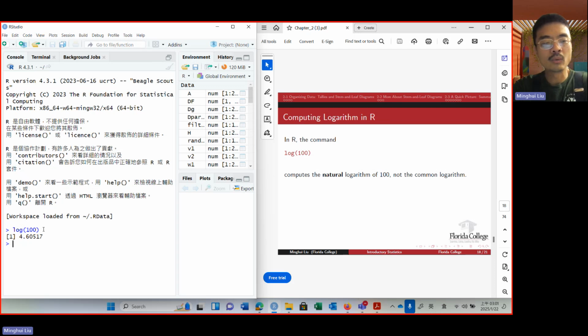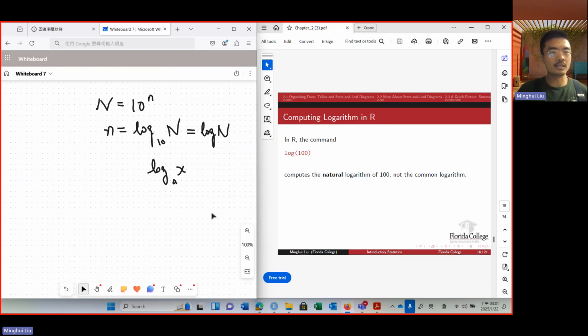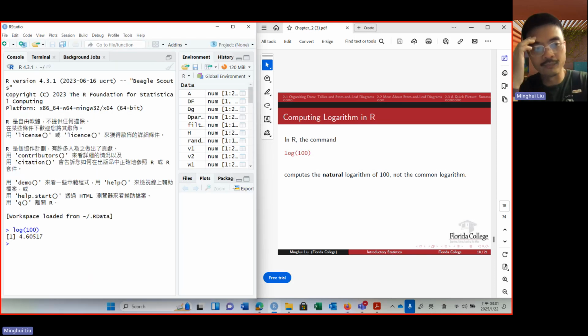So when we do the log of 100 command, we're calculating the base e logarithm, or in other words, log base e of 100. Sometimes we write this as ln of 100, an alternative notation for the base e logarithm. So keep in mind that in R, the default base is e, not 10.